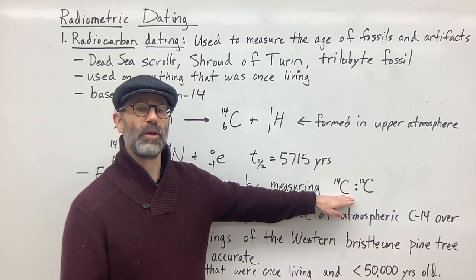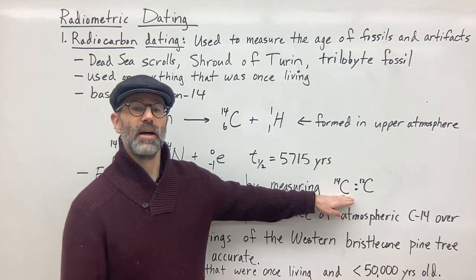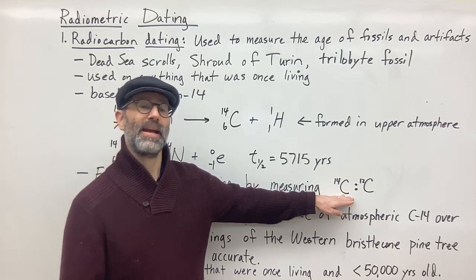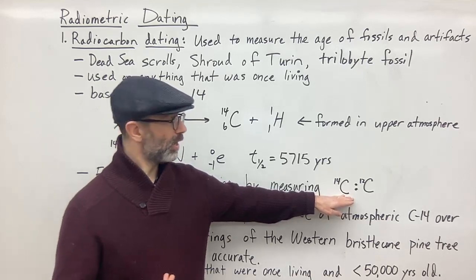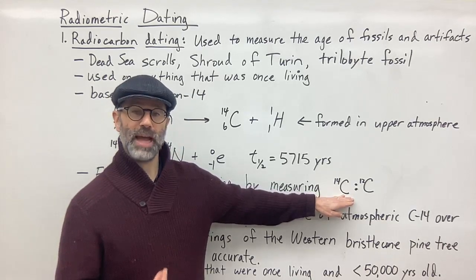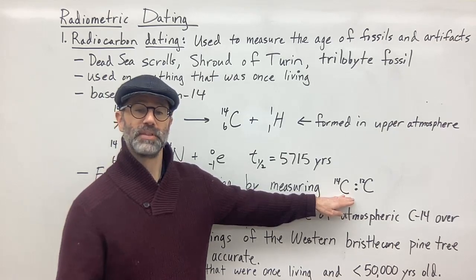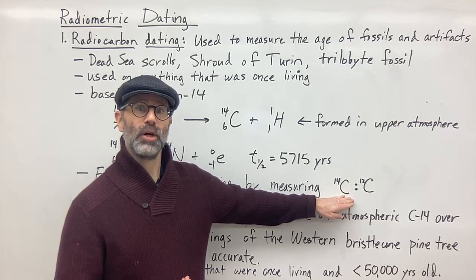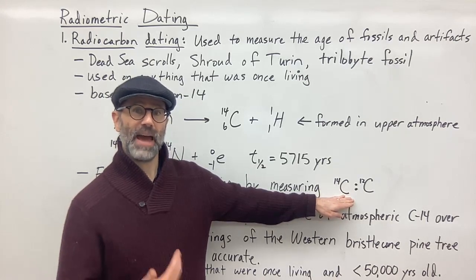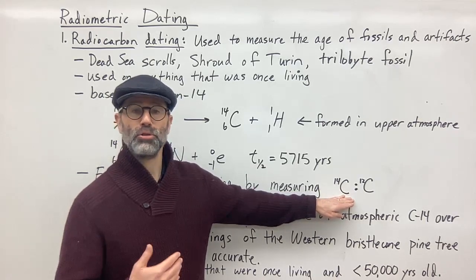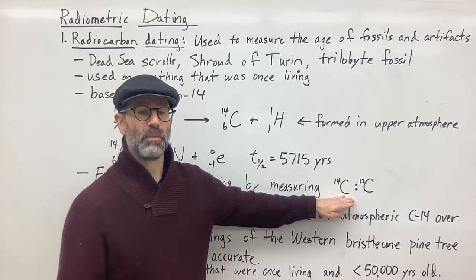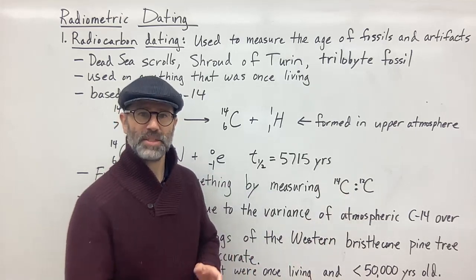And so if I only have 25% of the carbon 14 that I find in the atmosphere, then I could say, okay, well, if the half-life of carbon 14 is 5,715 years, and I know that it takes that amount of time to get rid of half of my original amount, and I've only got 25% left.